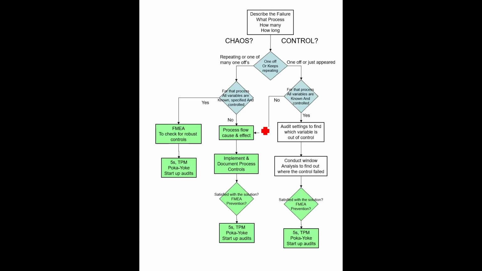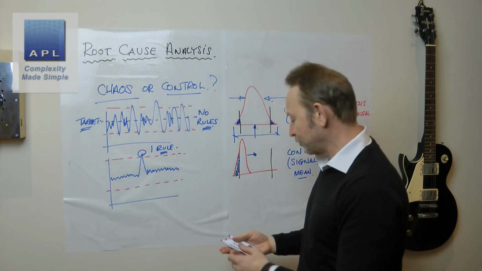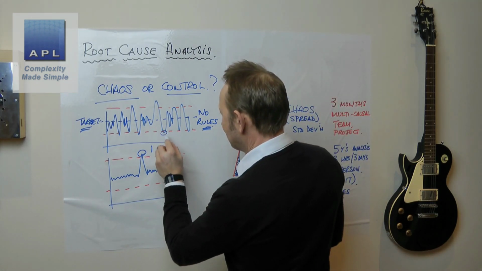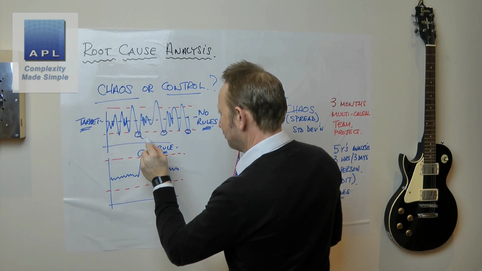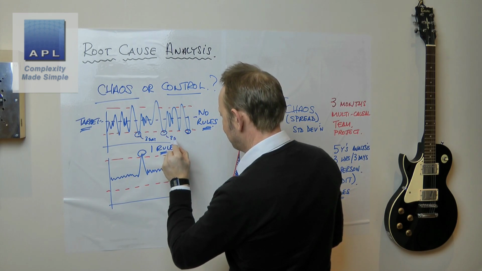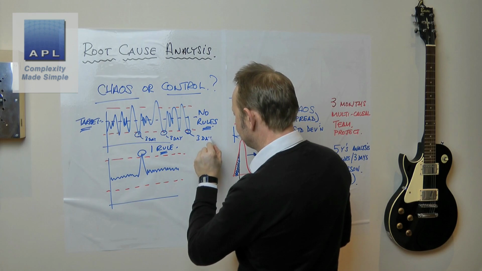But if you don't know the difference between chaos and control, what people do constantly is this: every time this breaches the limit, they do a simple 3-day investigation. 3-day investigation. 3-day investigation.